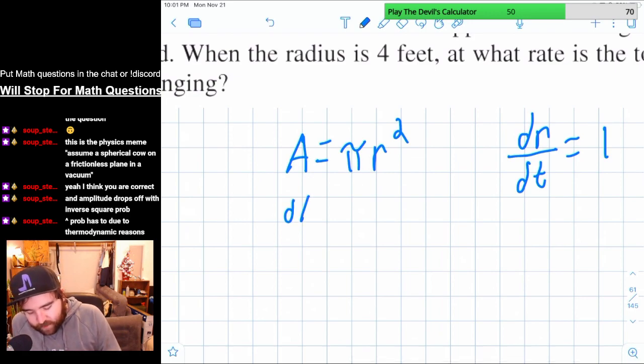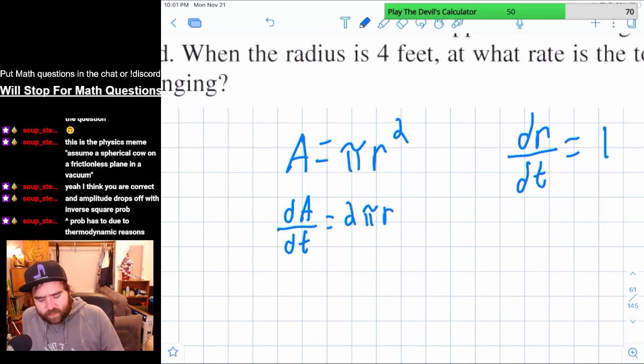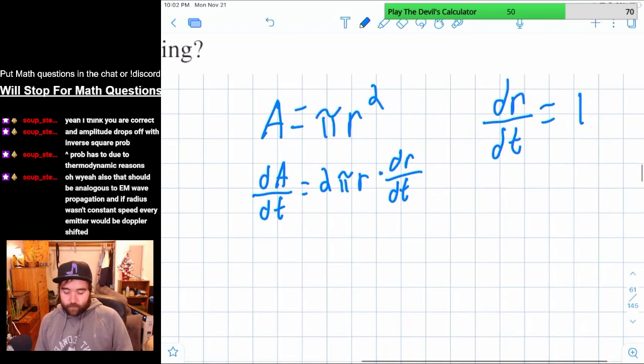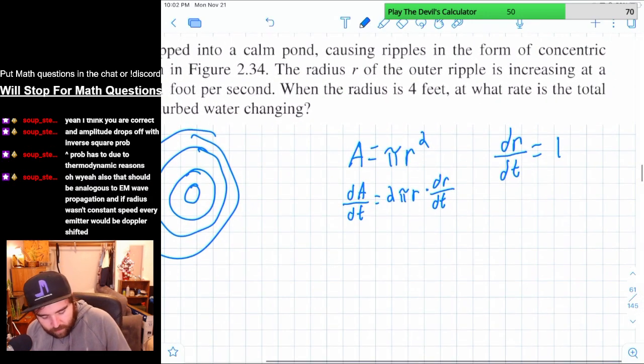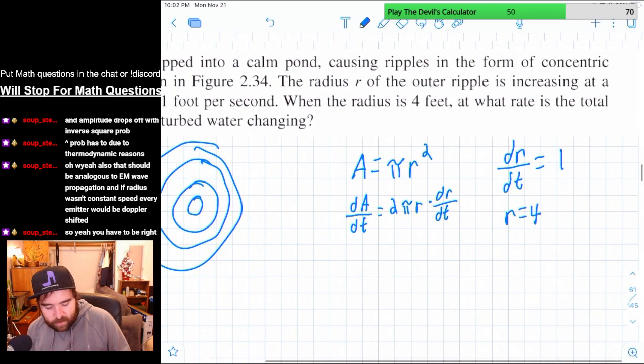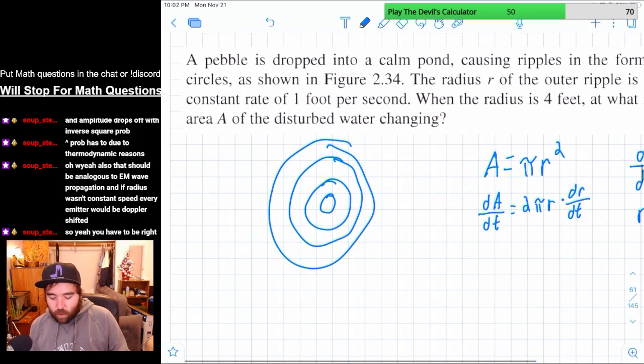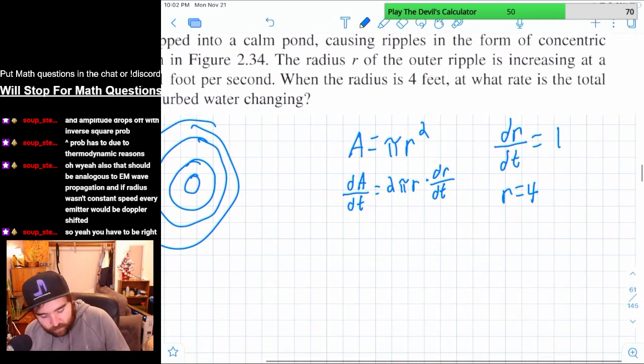So we're going to say take the derivative of A with respect to t equals 2 pi r, standard power rule, but then the derivative of r, so times dr/dt. And there we go. Sometimes I'll write this too, what they want: when the radius is 4, they want us to tell them at what rate the total area is changing. So they want dA/dt.